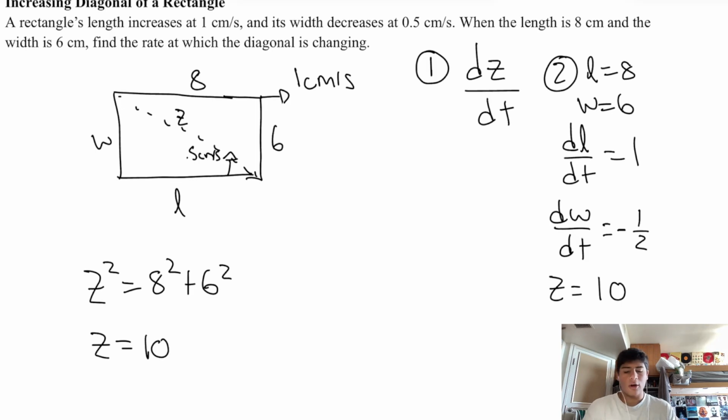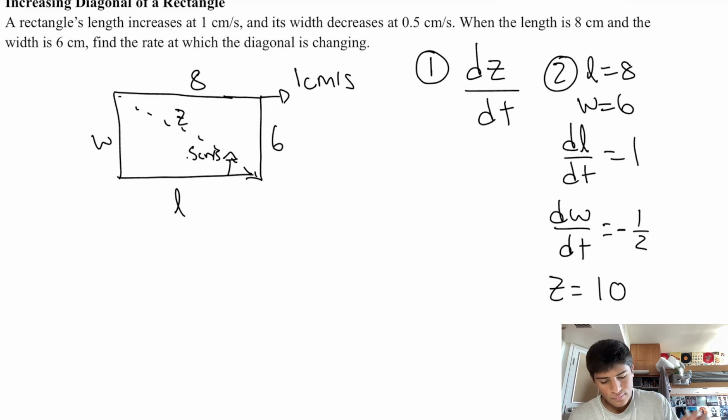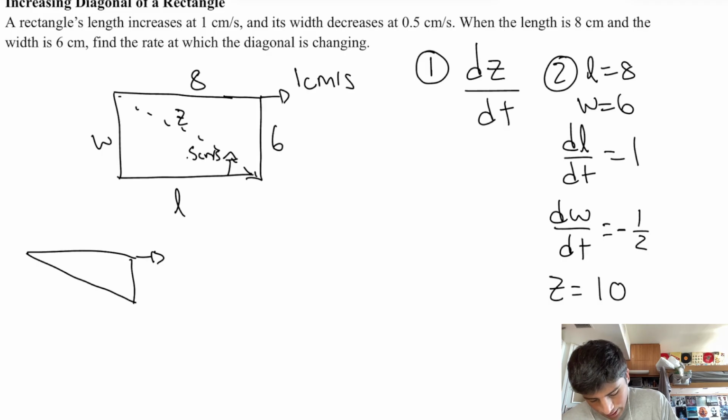Now we have our unknown and all of our knowns. We can relate these, and once again, we don't even need to worry about it being a rectangle. We can just think about this as a triangle. We know that this is getting bigger, and this distance is getting smaller, and we're trying to find z.